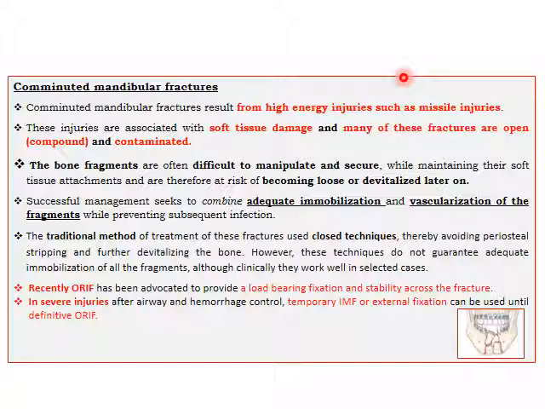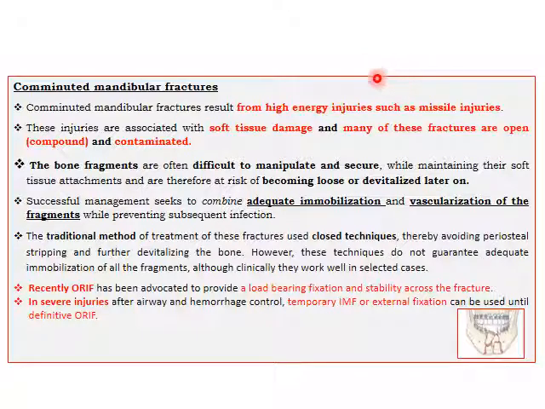The traditional method of treatment of this fracture is the closed technique. الطريقة الاعتيادية اللي يستخدمها بالكوميونيتي هو الكلوزد، بس هذا أيضا مثل ما قلنا لكم بالمحاضرة السابقة إنه هذا دائما ما متاح. إذن the closed technique هو traditional method, thereby avoiding the periosteal stripping and further devitalizing the bone في سبيل أن نأثر على البريوستيوم.